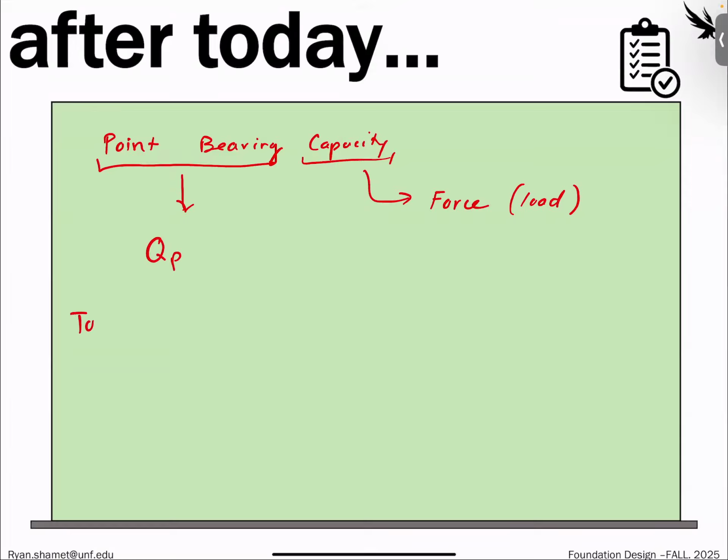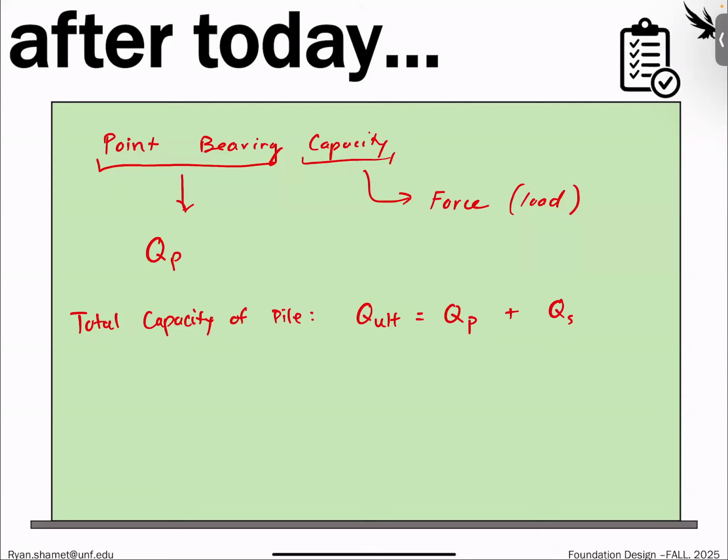If we're talking about the total capacity of a pile, we usually say QU for ultimate. I'll put ULT for ultimate. This is equal to the point plus the skin friction or the sleeve friction.